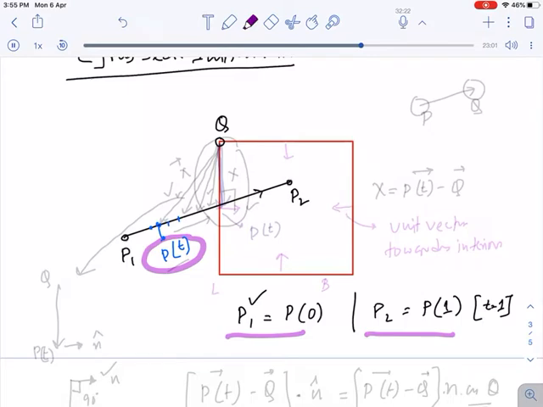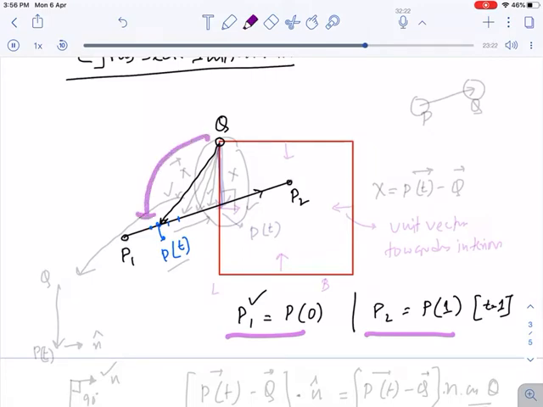Now I am drawing a vector from the point Q to the line at P(t). So I am dropping a vector from Q to P(t).